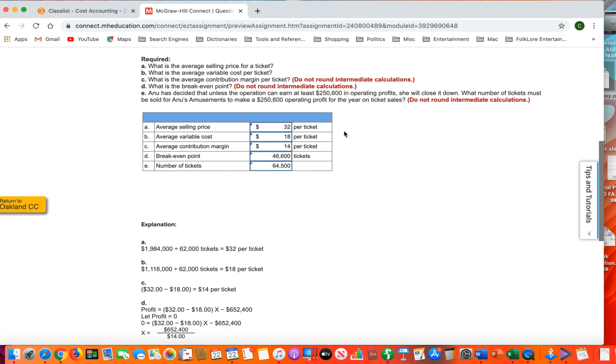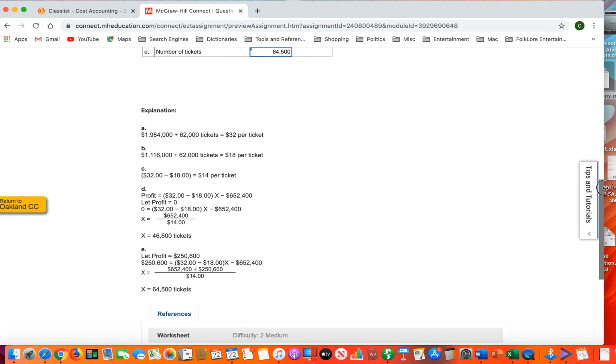Well, what do I have here on my notes? Okay. We got the fixed cost, right? And you want operating profit of $250,600. You simply add it.